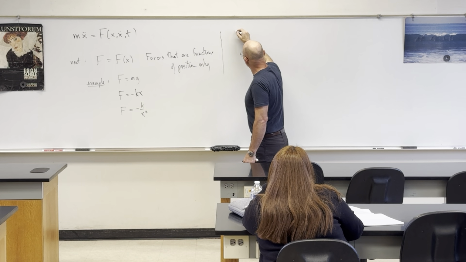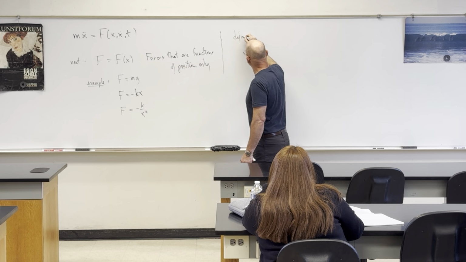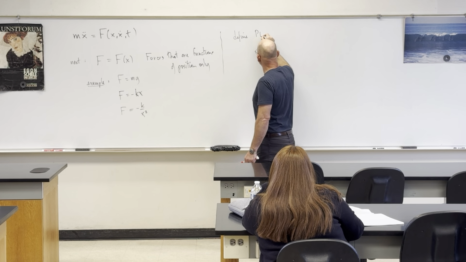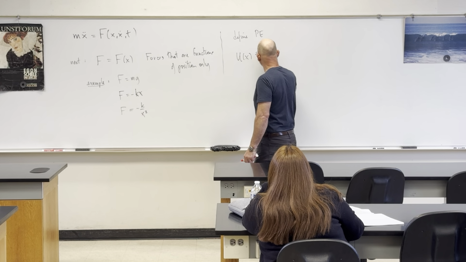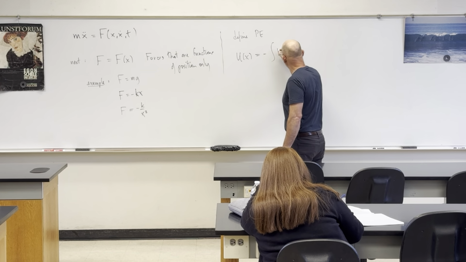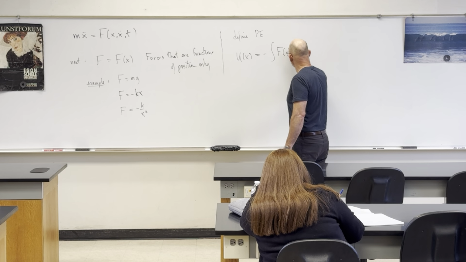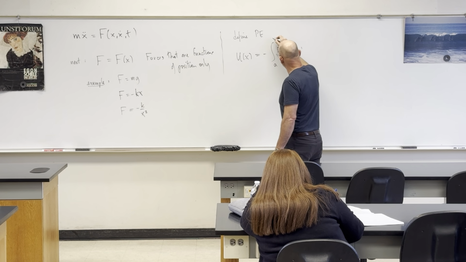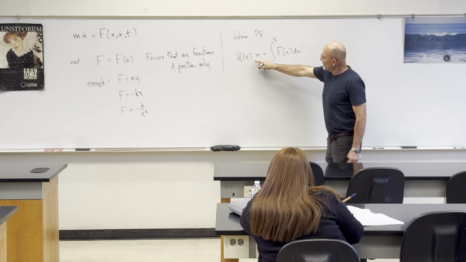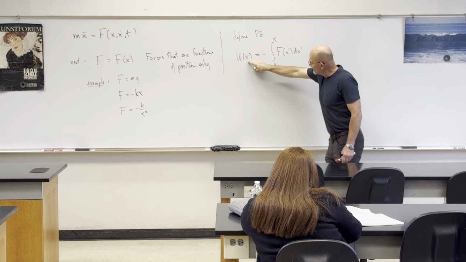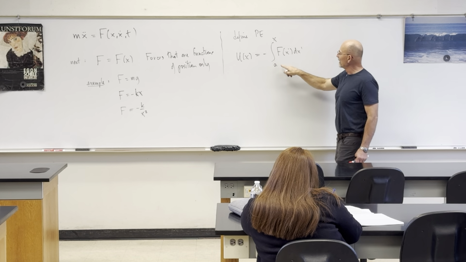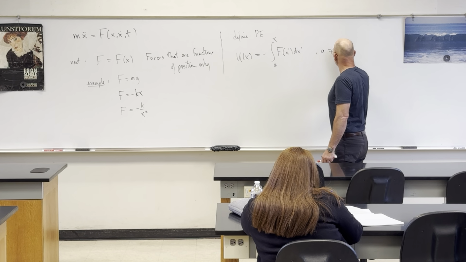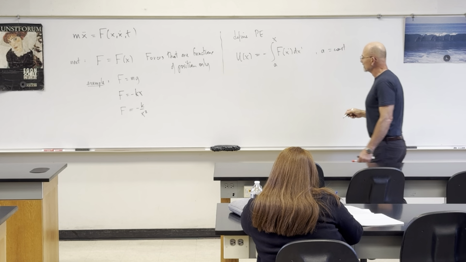So I'm just going to write here, define potential energy U of x is equal to minus the integral of this force law from some arbitrary constant A to x. So the argument of the potential energy is the upper boundary of this symbol here. And A is just some constant.